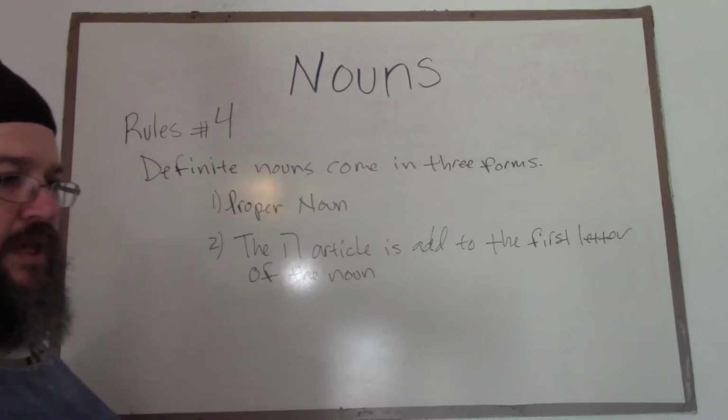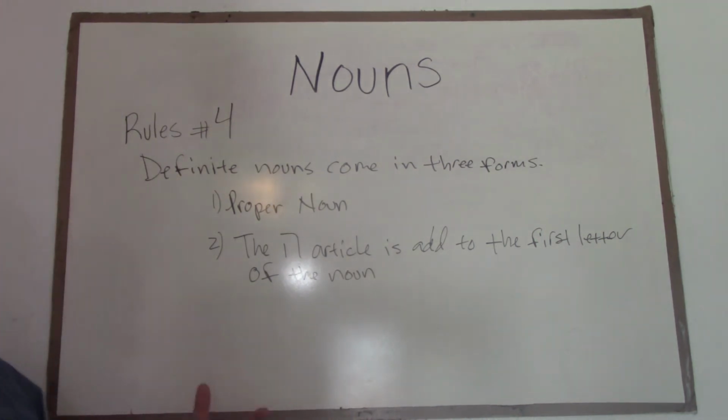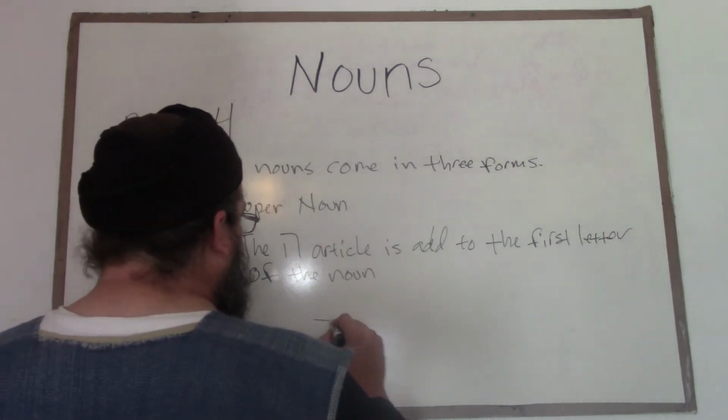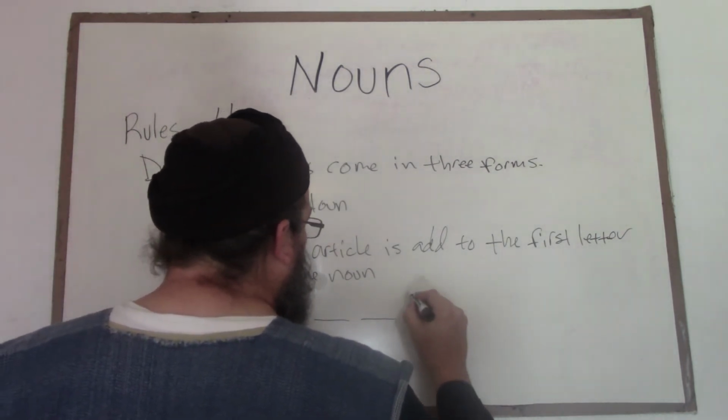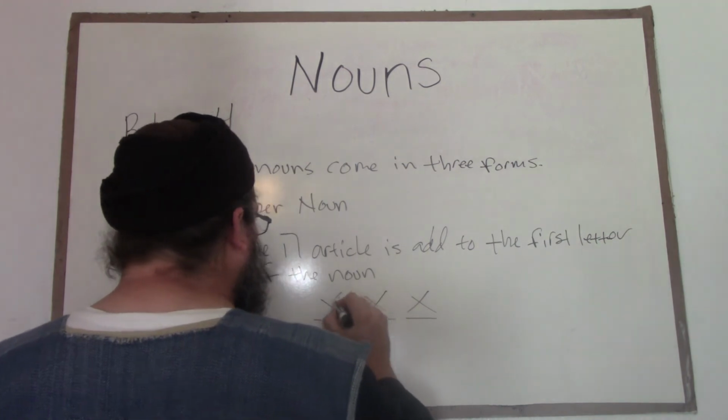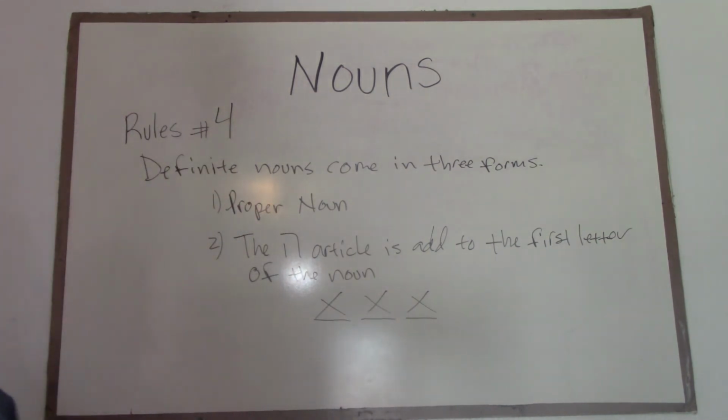Alright? So let's get an identification of this. We had that little thing we did. We took X, X, X, and we're going to pretend X, X, X is my noun.